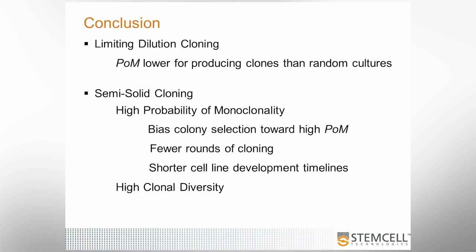We also touched on how semi-solid cloning is able to isolate pools of cultures with very high diversity and growth characteristics, making it easy to find those high-producing clones, and that fewer physical resources are needed for semi-solid cloning in comparison to limiting dilution cloning, allowing you to reallocate those resources elsewhere.